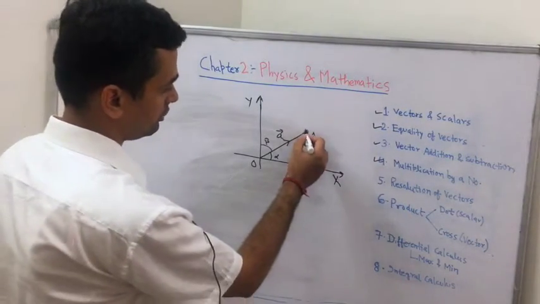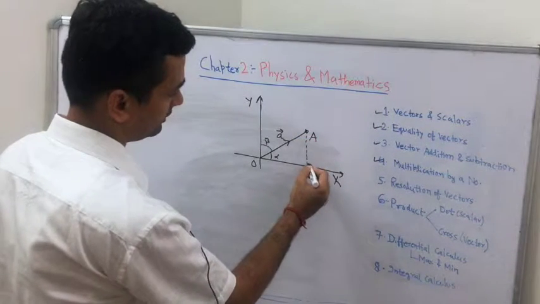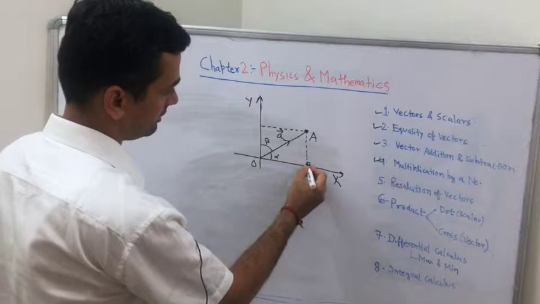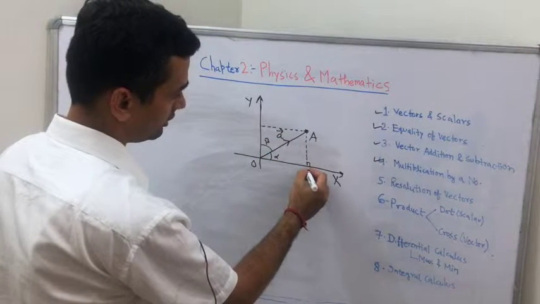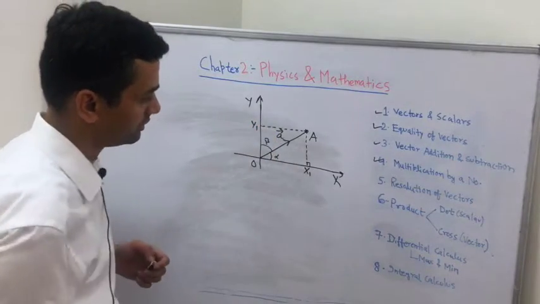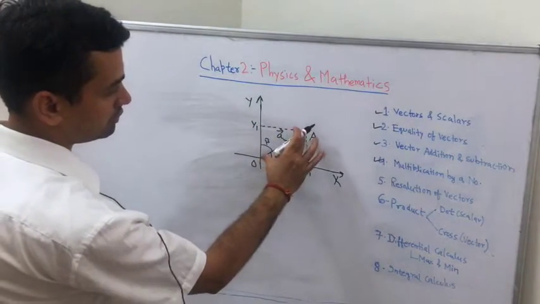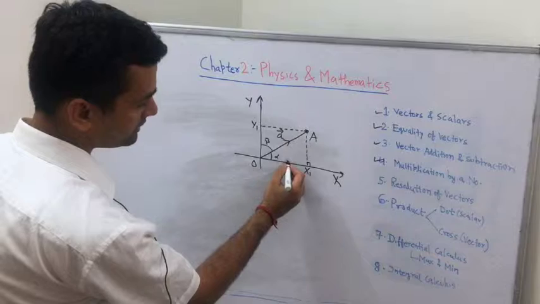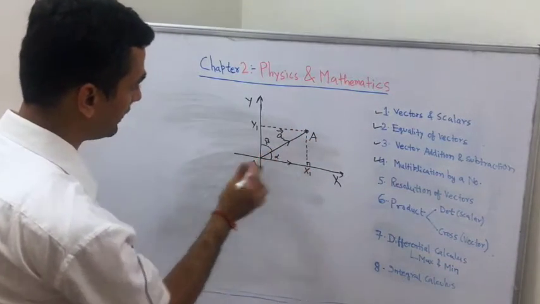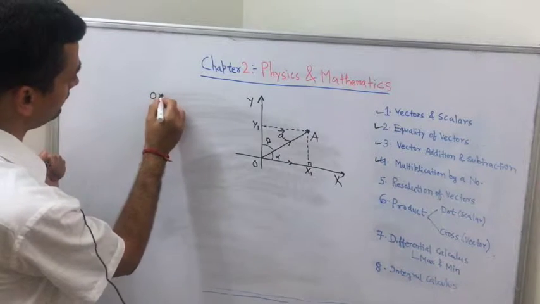Let's say I drop a perpendicular from point A to both the axes. I call this x1 and I call this y1. OX1 is the projection of OA on the x-axis. What is the value of OX1?